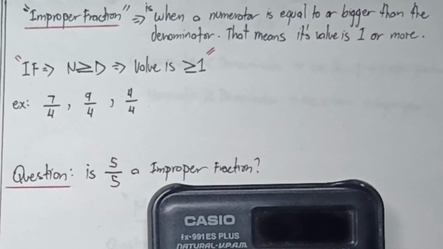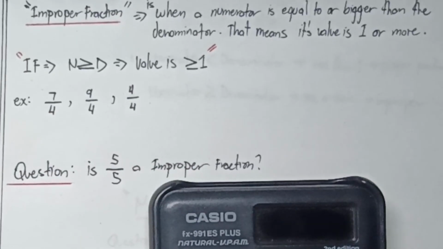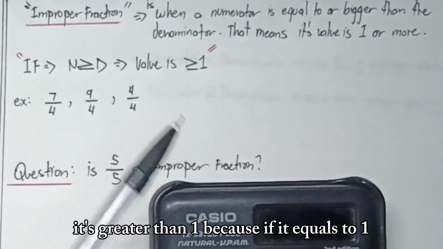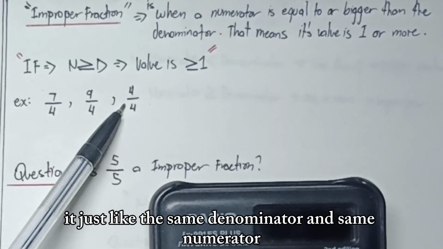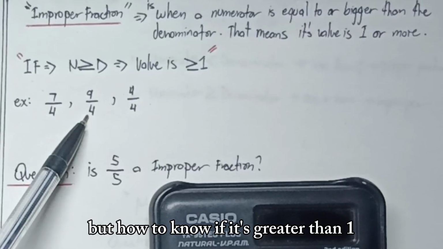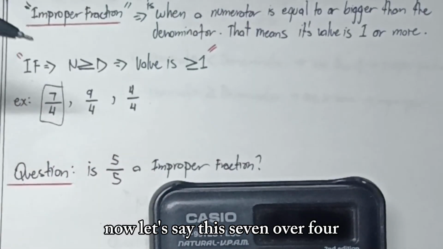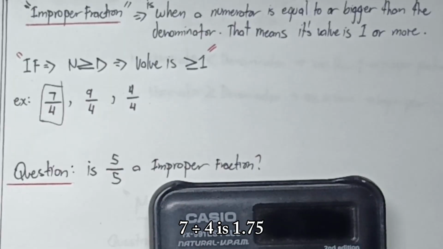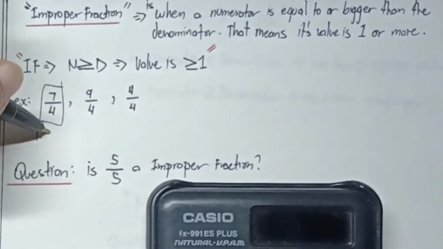Now, how do we know if the fraction is greater than 1? If it equals 1, it's just the same numerator and denominator, same value. So it's just 1. But how do we know if it's greater than 1? Let's say this 7/4. 7 divided by 4 is 1.75.